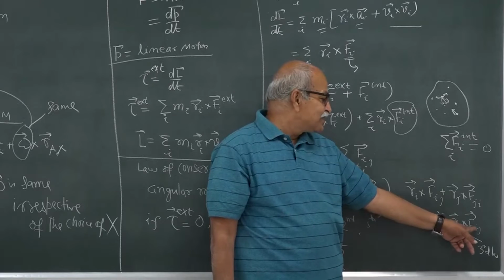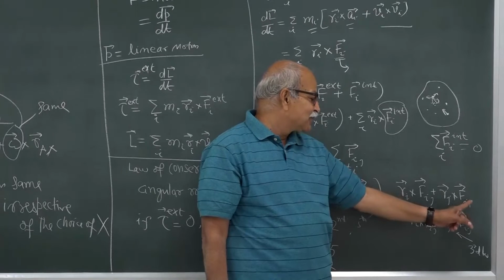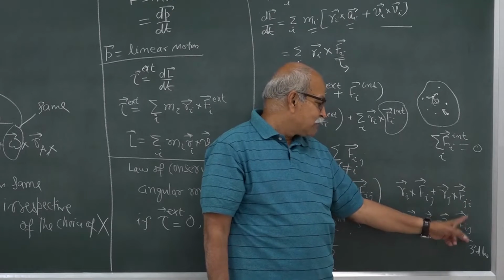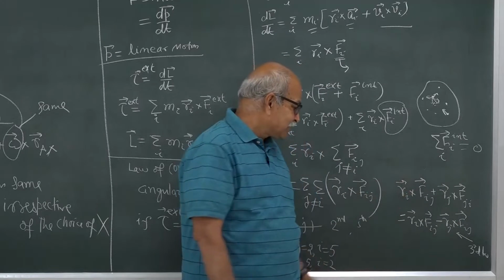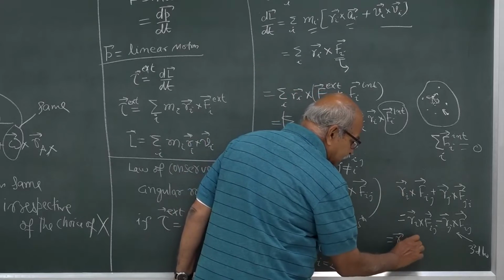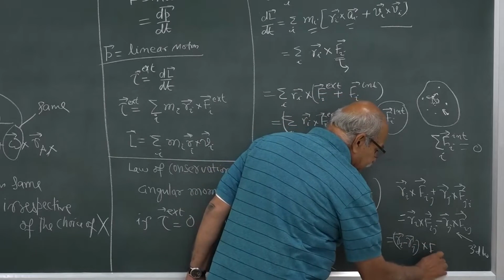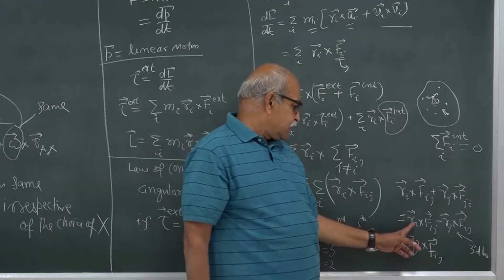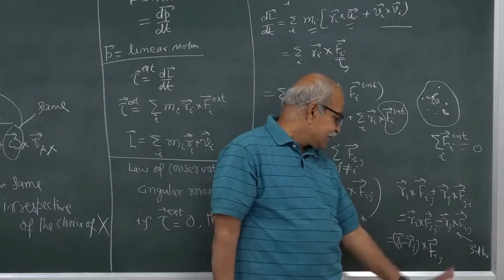The force by the ith particle on the jth particle has the same magnitude as the force by the jth particle on the ith particle, but with a negative sign, opposite in direction. So, that is Newton's third law I have used. Now, this is equal to Ri minus Rj cross Fij, with Fij taken common.